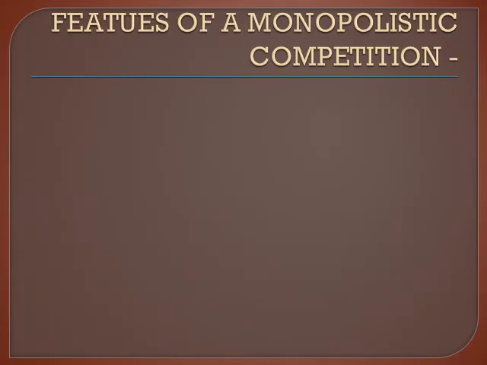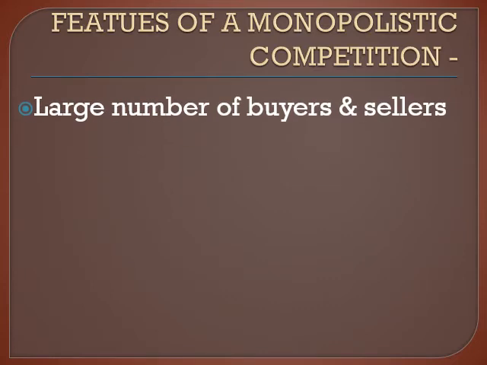A monopolistic competition actually has a few features of perfect competition and a few of monopoly. So we'll see them. Number one is large number of buyers and sellers. A monopolistically competitive industry contains a large number of firms, and all of them are relatively small as compared to the overall size of the market.